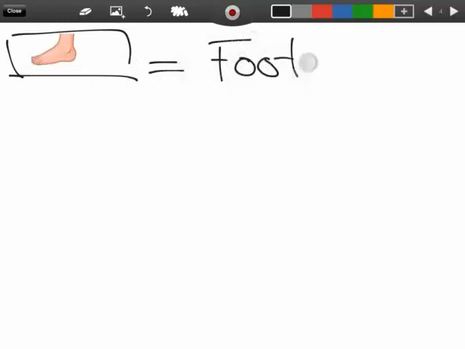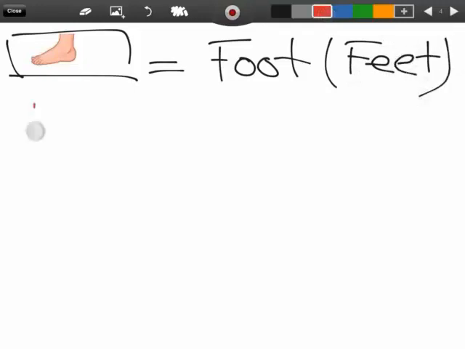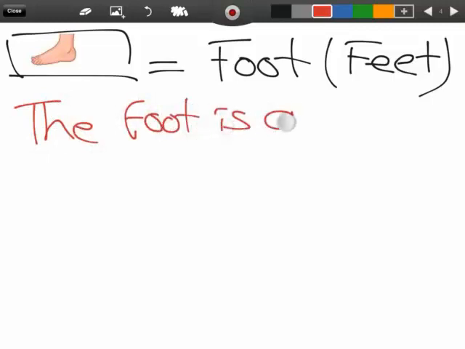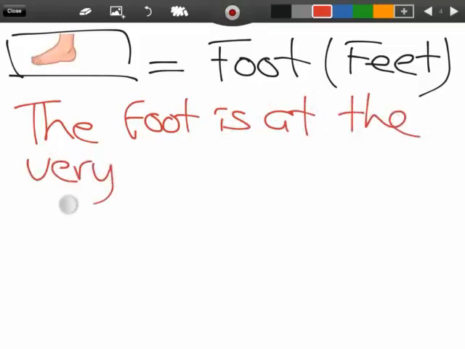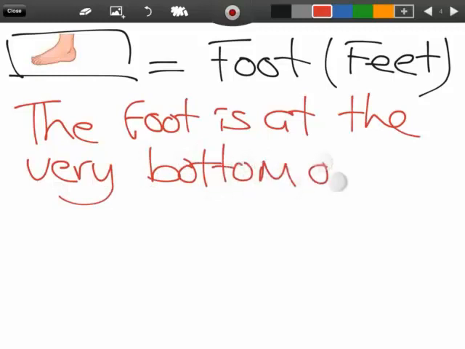Now, moving on to my next body part is the foot. Foot or feet. And the foot is at the very bottom of our body.